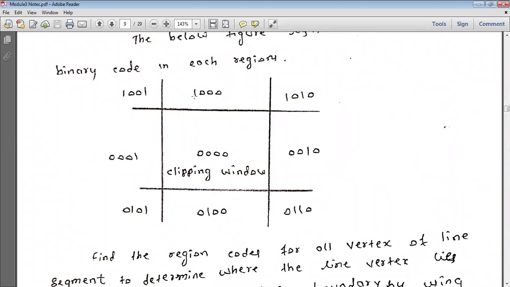That means the highest bit will be 1. If the line comes below the clipping window, the second bit will be 1.